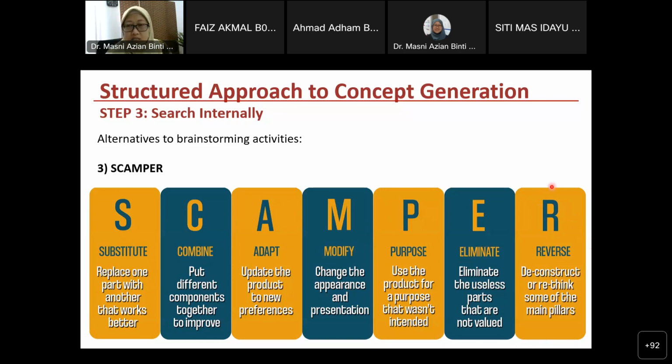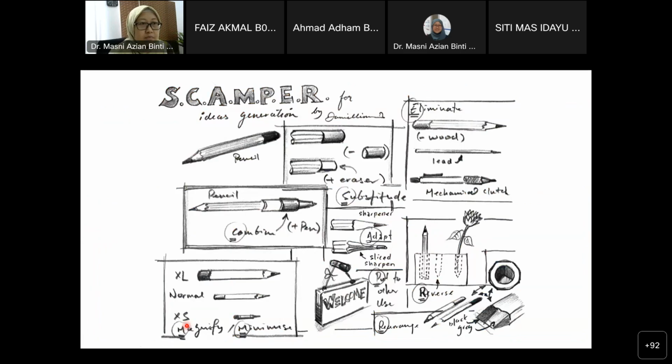So this SCAMPER method is quite useful for you to establish multiple design concepts. If you apply every single word here: substitute, combine, adapt, modify, purpose, eliminate, reverse, okay, so 1, 2, 3, 4, 5, 6, 7, you can come up with 7 different designs by adopting this SCAMPER method. Okay, let's look at the example.